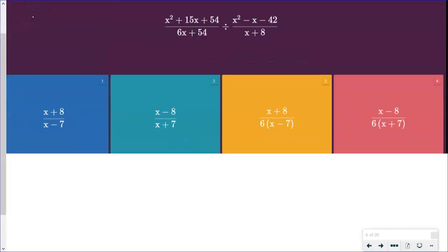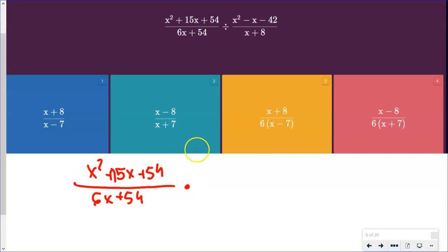Start it over. So, keep, change, flip. So we're keeping x squared plus 15x plus 54. Okay. We change the sign to multiplication, and then we flip this upside down. Okay, very important, otherwise it won't work.